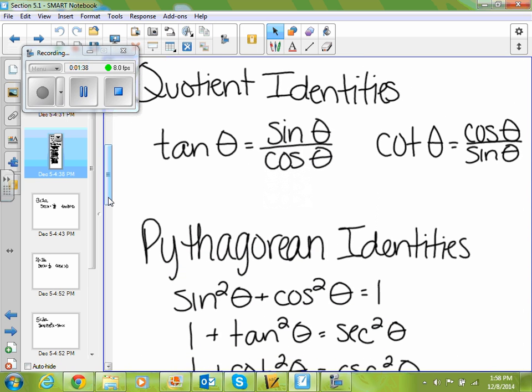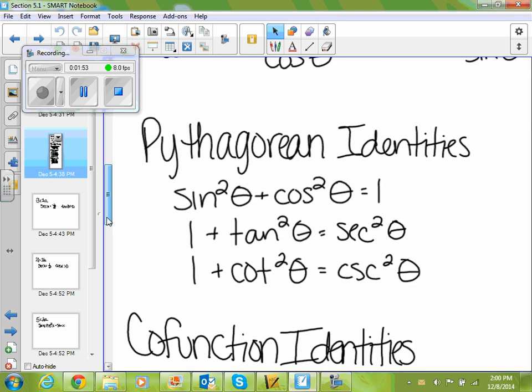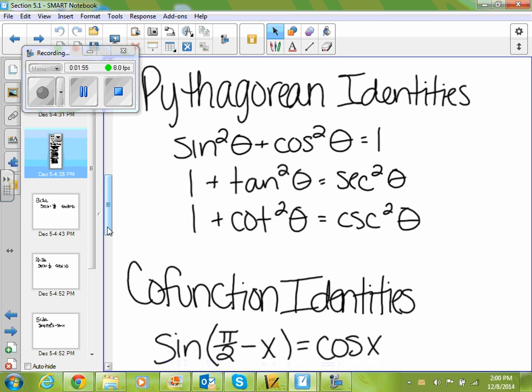Our quotient identities also come from our last unit, where we know that tangent is sine over cosine, and we know that cotangent is cosine over sine. Alright, our next set of identities are called our Pythagorean identities, which come directly from Pythagorean's theorem.